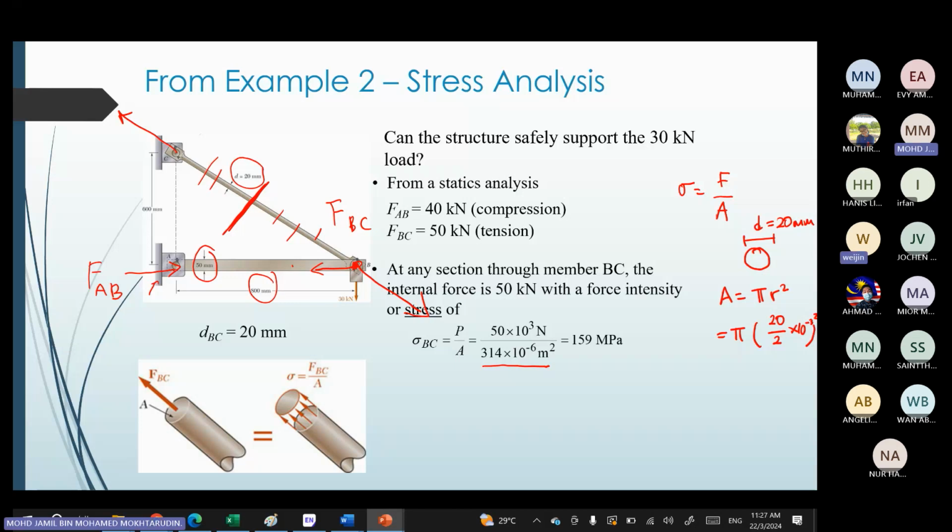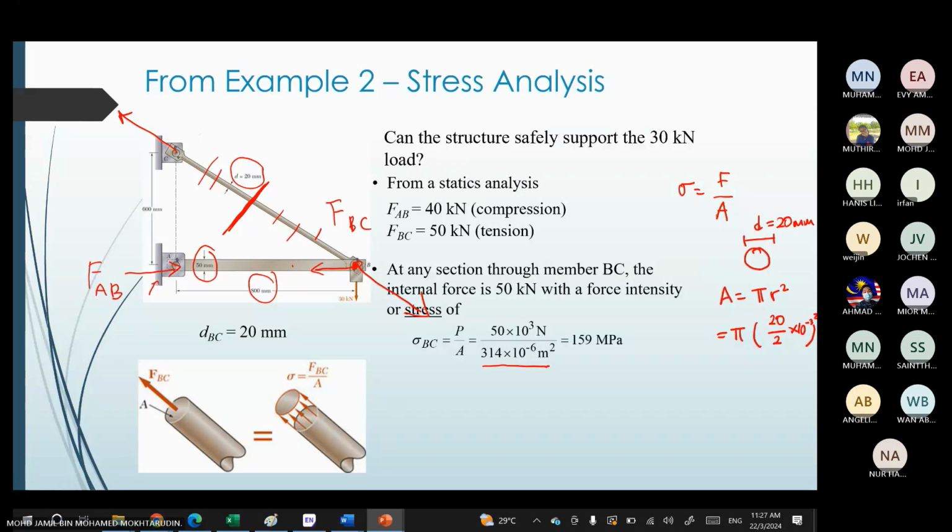Oh, okay. Saya macam confused dengan statement dia, like straight away jump to FAB equals 40 kN. Faham. We have done this from previous week, from last week. So maybe you can refer to the previous slides. They skip the analysis sebab dah buat last week.